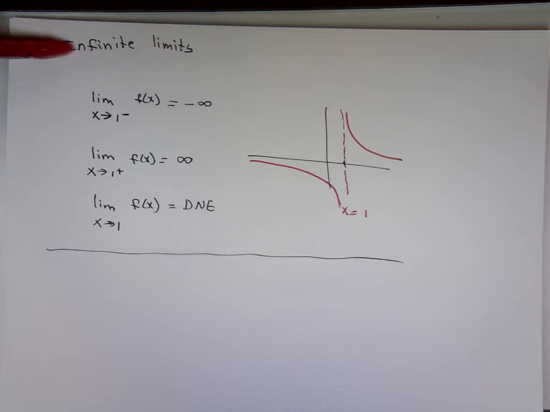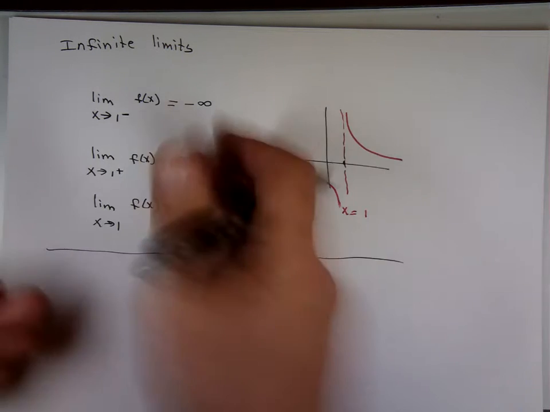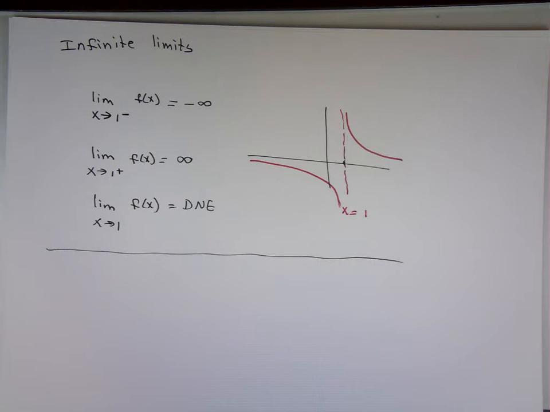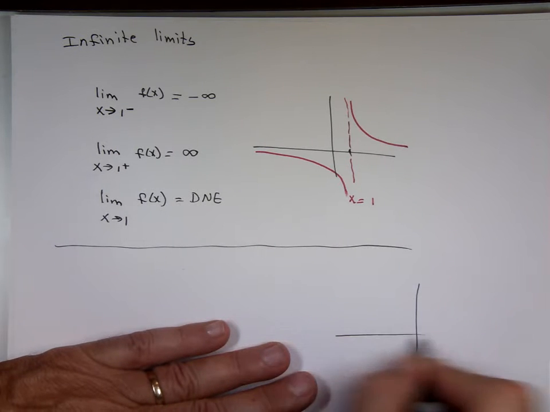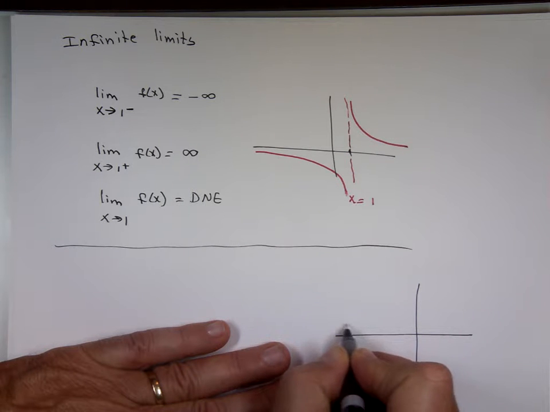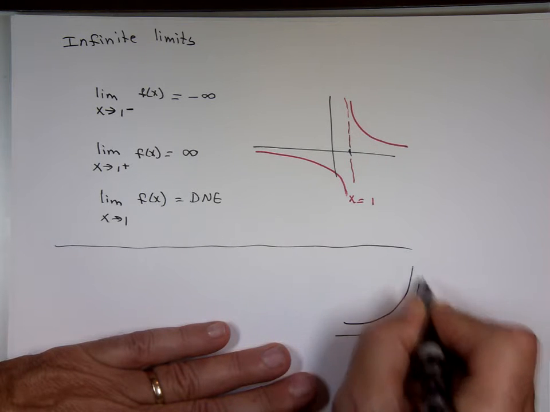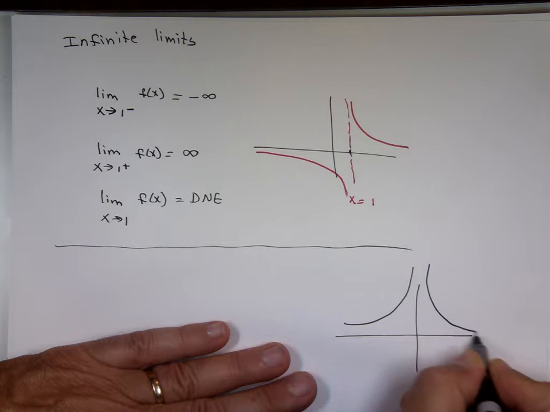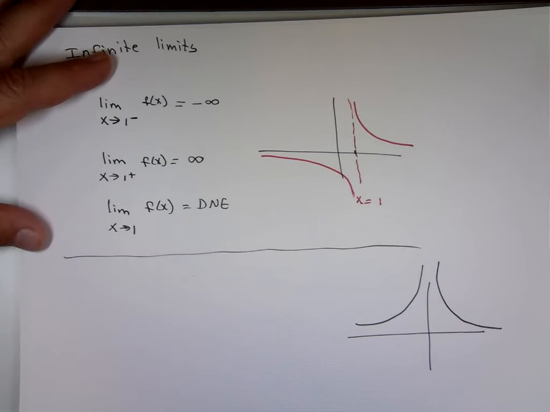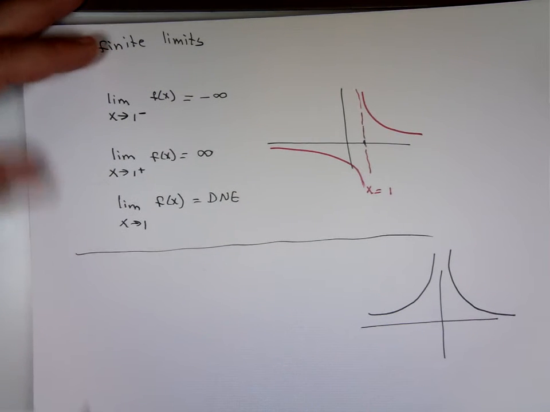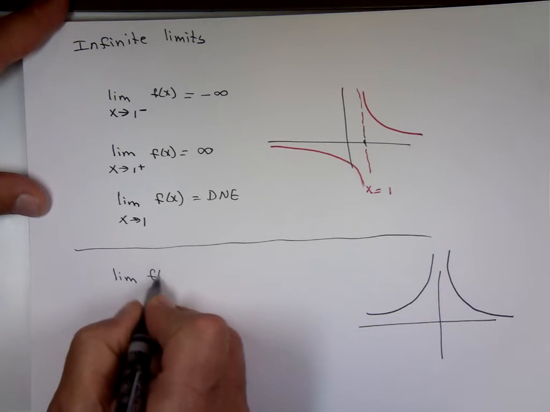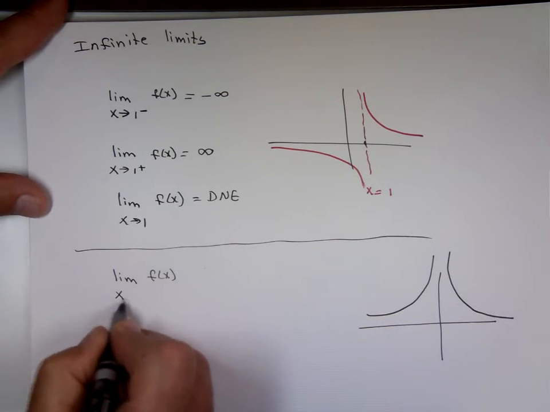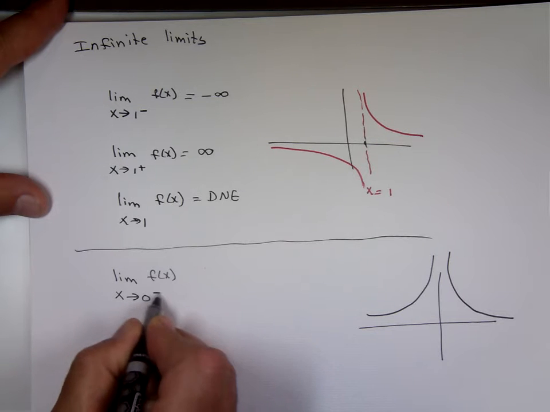So we're talking about infinite limits, the limit approaching infinity. Now, if I take this function, I'll give you another picture. What's the limit of f of x, bless you, as x approaches 0 from the left side?